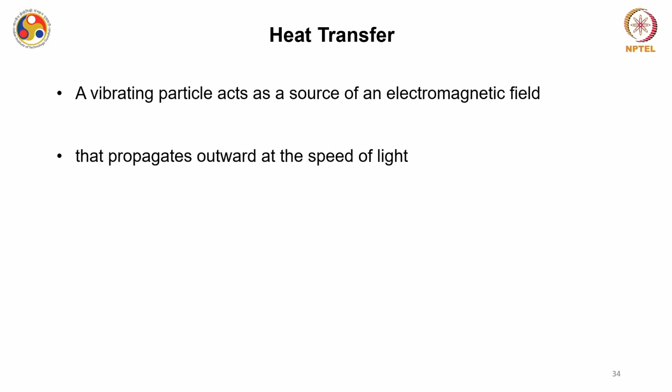Now we also understand that a vibrating particle acts as a source of electromagnetic field that propagates outward at the speed of light. This propagation of the electromagnetic field also follows the laws of optics.